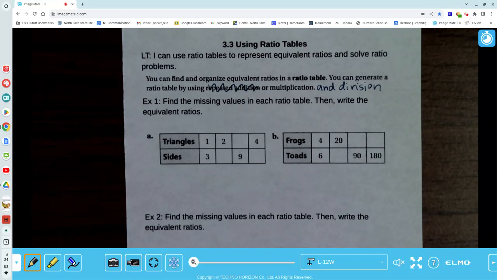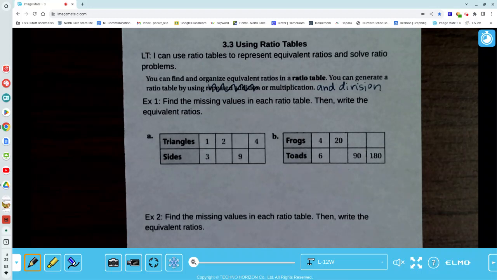So, quick reminder, if I had the ratio 1 to 2, can anybody give me a ratio that would be equivalent to that? Kaden? 2 to 4. What's another one that would be equivalent to that? Farhan? 3 to 9. 3 to 9 would not be equivalent to that ratio.